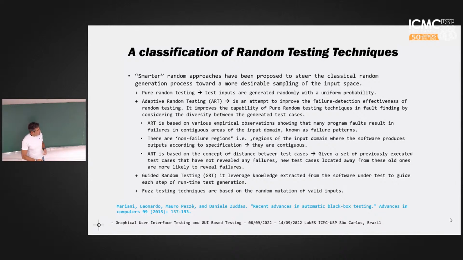I want to suggest you this paper that is published by Mariani, Pizzi, and others, where the authors tried to provide a classification of the proposed random testing techniques. Okay.